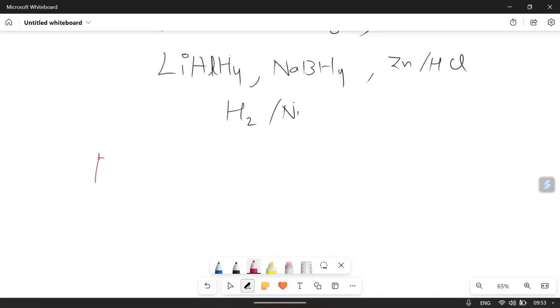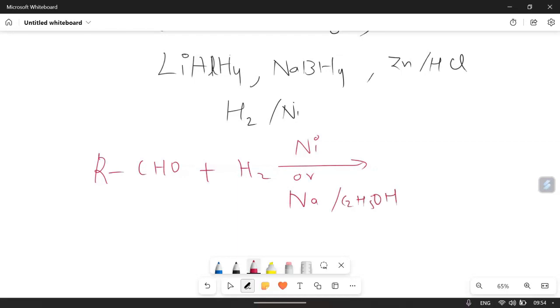Let's discuss that. Suppose you have RCHO treated with H2/Ni, or you can use Na. Remember this also, Na, C2H5OH. This will also reduce it to R CH2OH. The CHO will reduce to CH2OH.